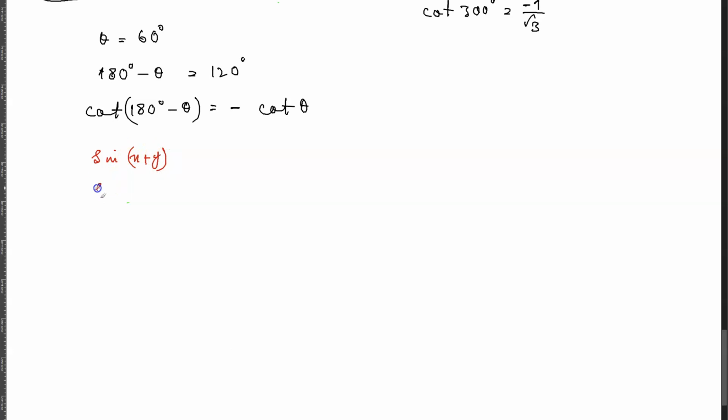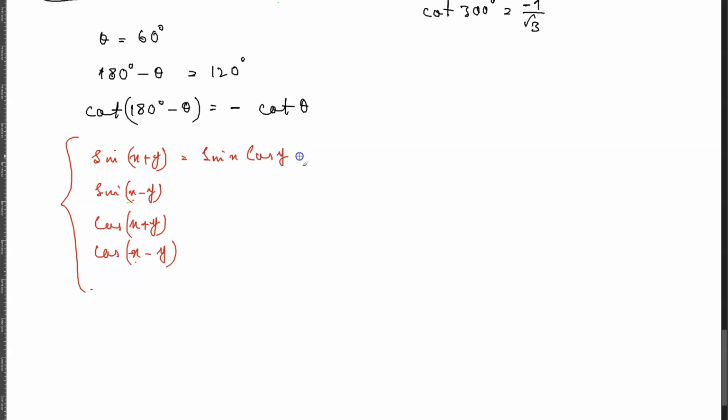We have the sine of x minus y, and we had the cos of x plus y. We had the cos of x minus y. So we found out that, for example, this was sine x cos y plus cos x sine y, right?